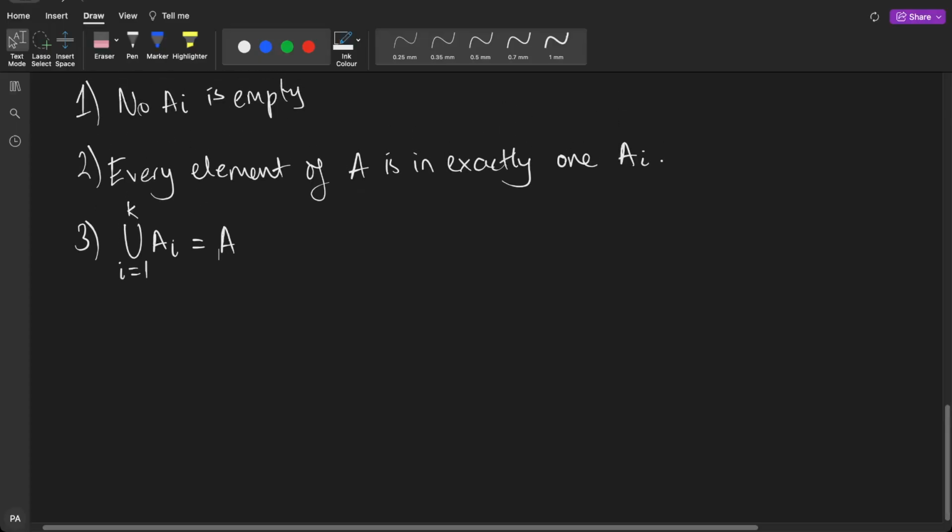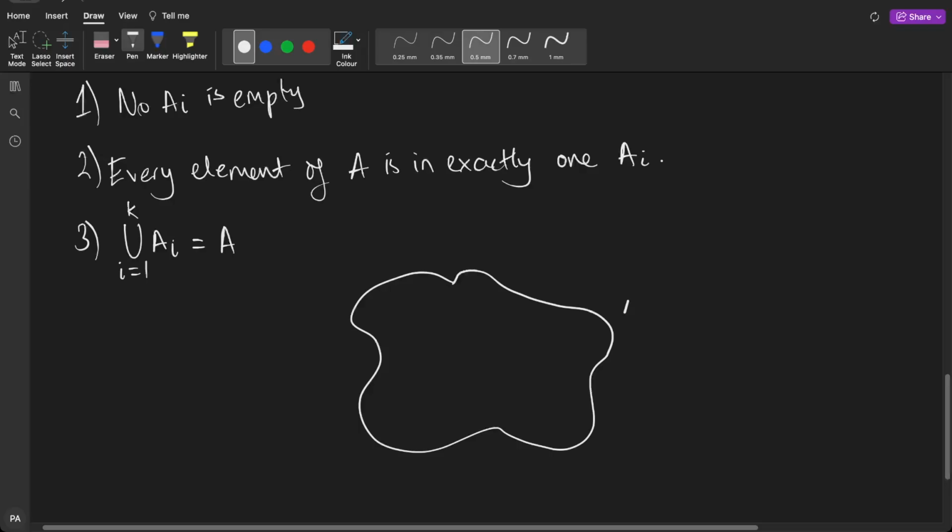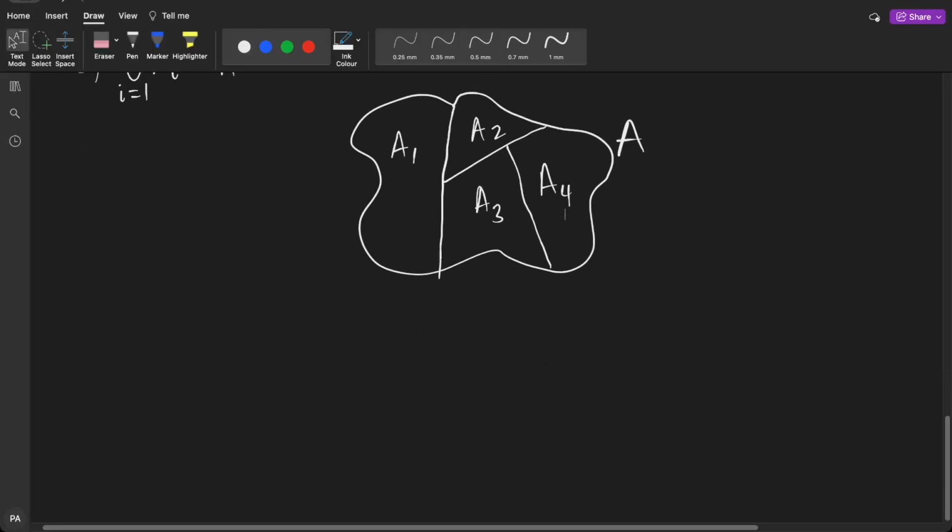So just to draw a little diagram, suppose this is our set A. A partition just splits the set up into some pieces so that the pieces don't overlap. None of the pieces are empty, and all of the pieces together form the whole set. That's all a partition is. Nice and simple.